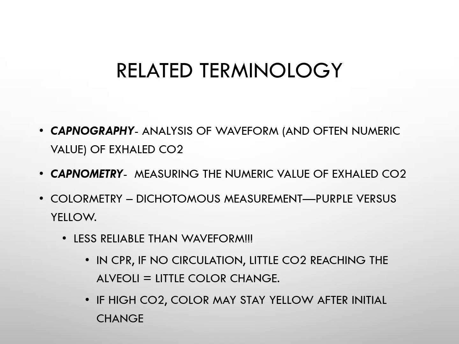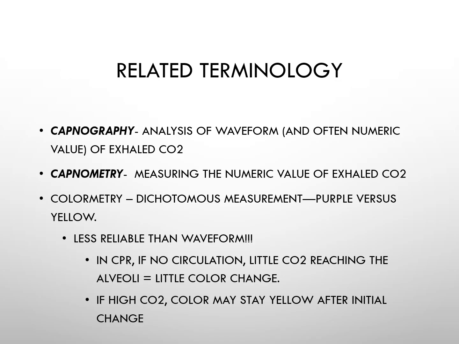In general, a change in color with the colorimetric indicator is a good thing, and it suggests that, for example, when used for intubation, the endotracheal tube is in the trachea and not in the esophagus. However, there are limitations, and colorimetry can be less reliable than a waveform.